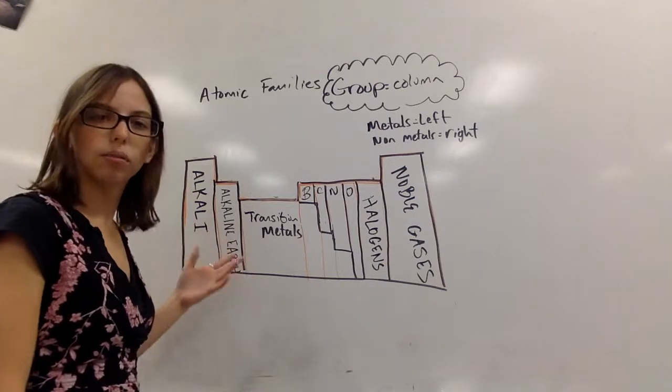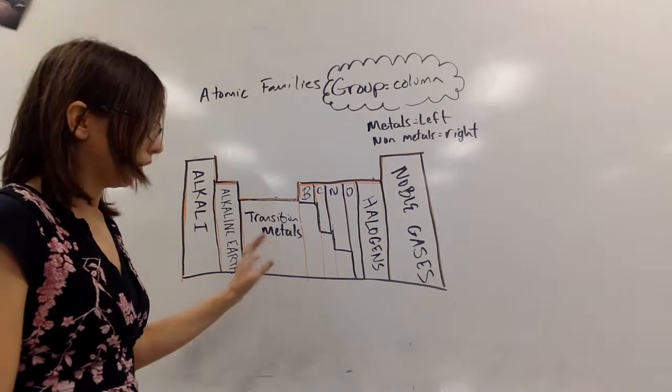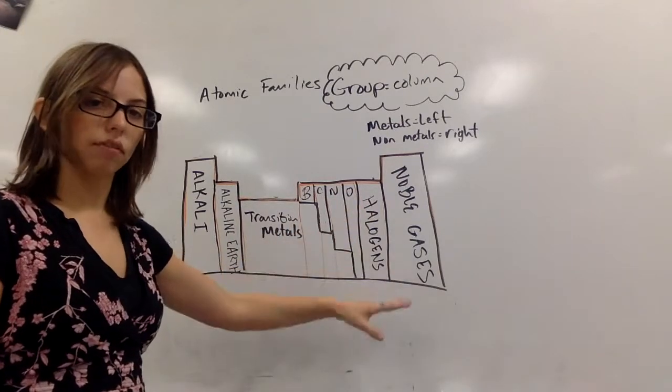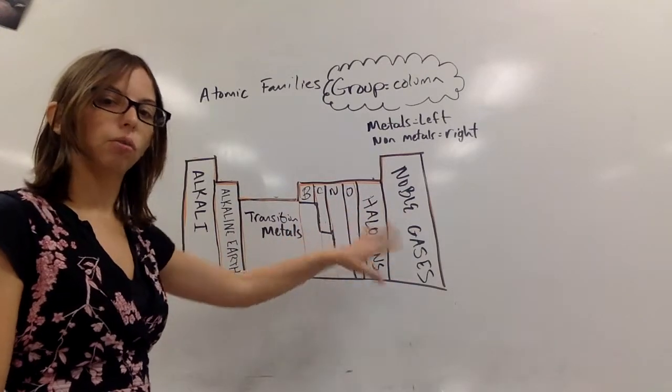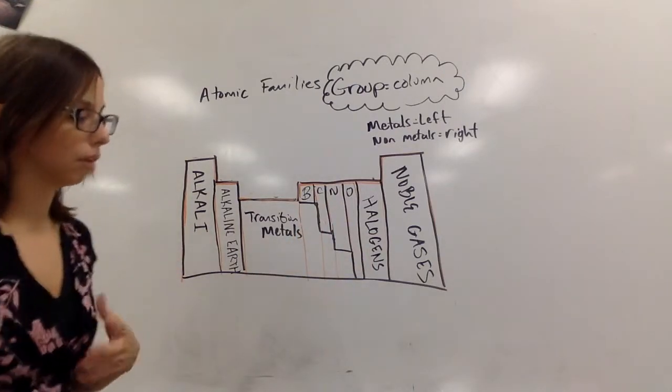As this table was being developed, obviously we didn't know all the elements yet. We haven't discovered them all. So there were gaps, but as we discovered them, they ended up fitting where these gaps were based on these patterns, which is part of the elegance of the periodic table.